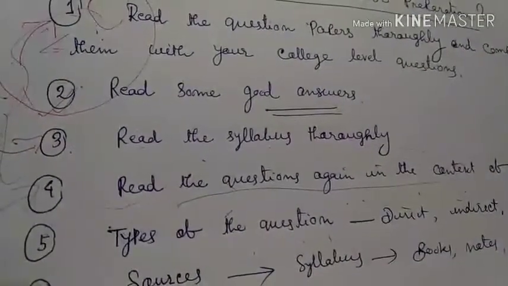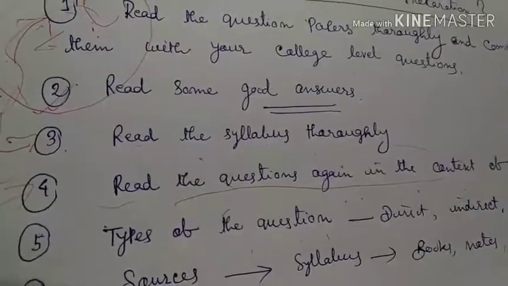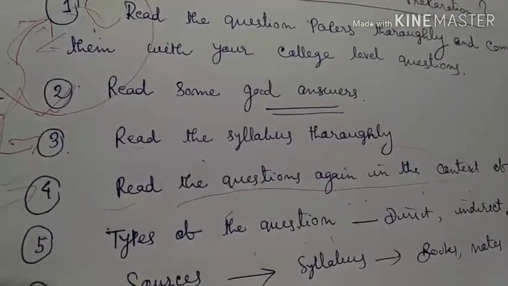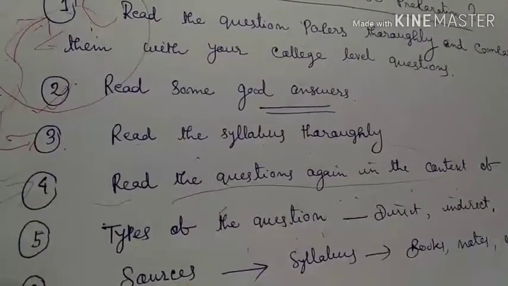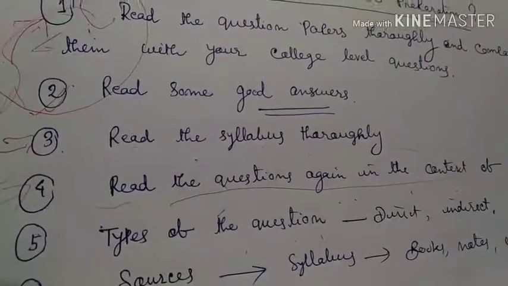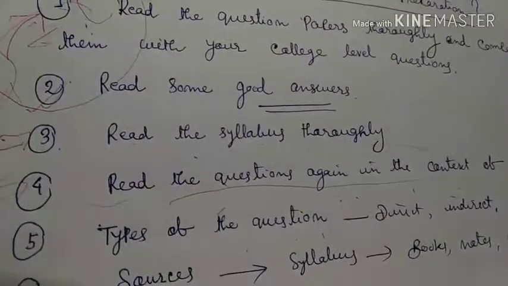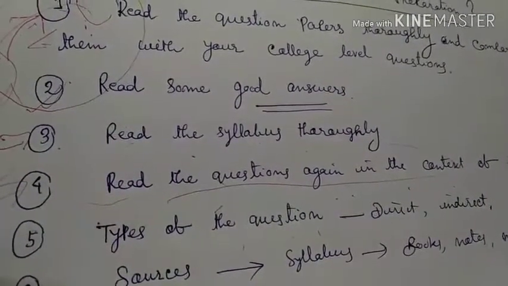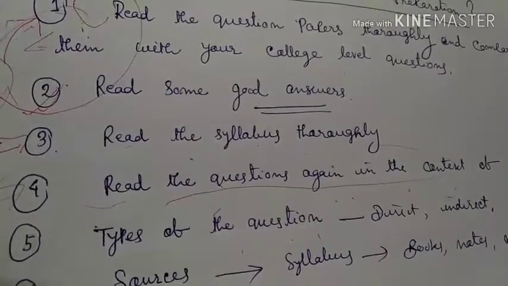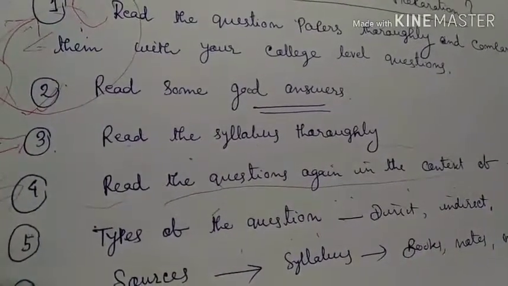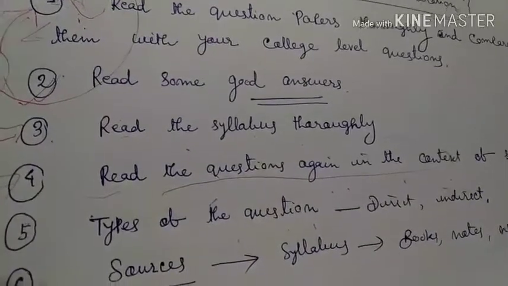Are they indirect questions? Are they very in-depth questions? Do they require some kind of analysis? Then you have to examine the answers. What is the difficulty level of the answers? Can you solve those questions by directly reading new books, or by directly memorizing something? This is a very important step. Only then will you get an idea about the difficulty level of the exam.